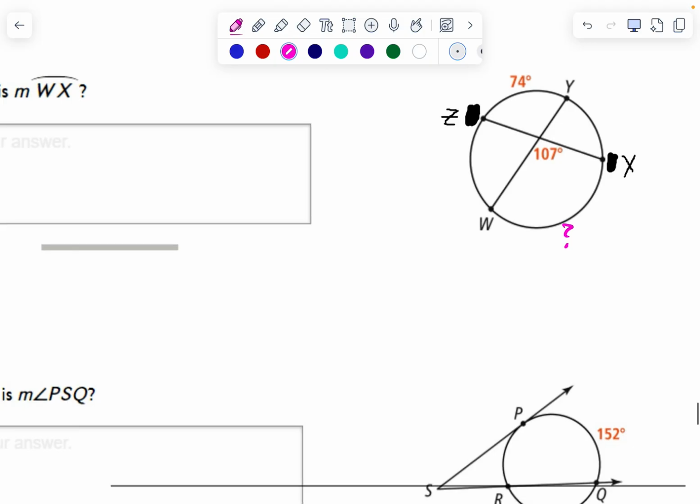Okay, go ahead. Would it just be 107 equals 1/2 74? Or would it be 74? Well, they're added, so it doesn't matter. Sure. But I don't know the other. Well, that's what we're solving for.